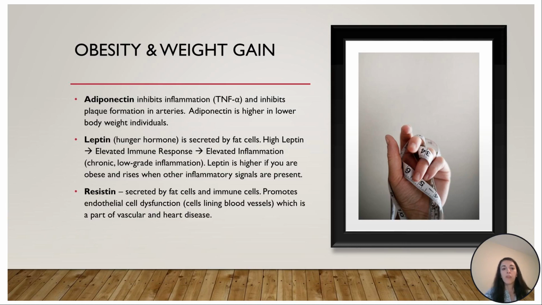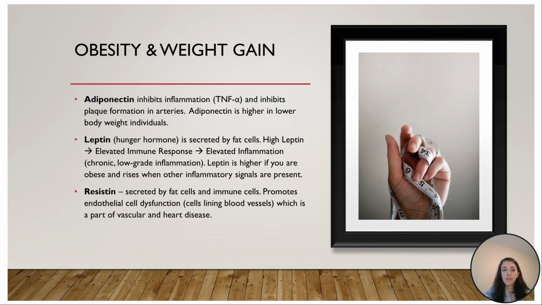Adiponectin is a hormone that inhibits inflammation, and it also inhibits plaque forming in the arteries, and it's higher in lower body weight individuals. So by losing weight, you're actually decreasing inflammation and decreasing plaque in the arteries via this hormone adiponectin. So that's kind of cool.